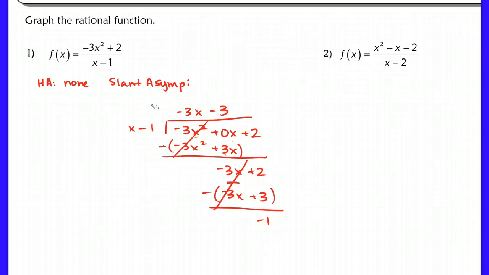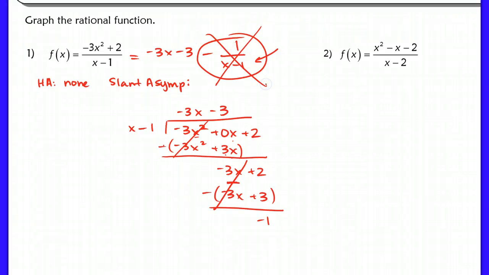Now, typically you would rewrite this, since we're using long division here. If I were to rewrite that, it would be negative 3x minus 3 plus negative 1 over x minus 1. Or you could write that as minus 1 over x minus 1. So this is called your remainder. Now the remainder, like we said, as x gets very, very large, this is going to get really, really small, so it really doesn't matter at all.